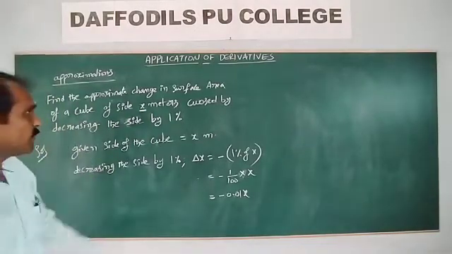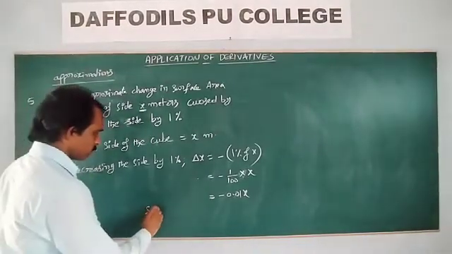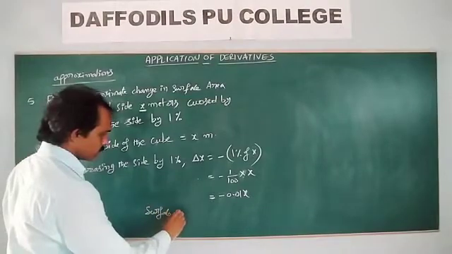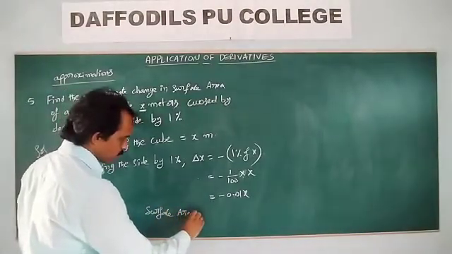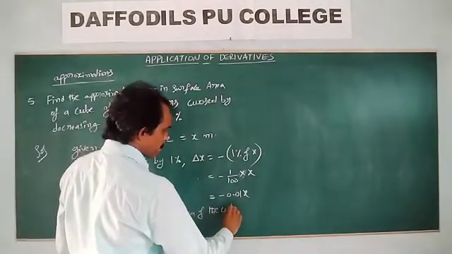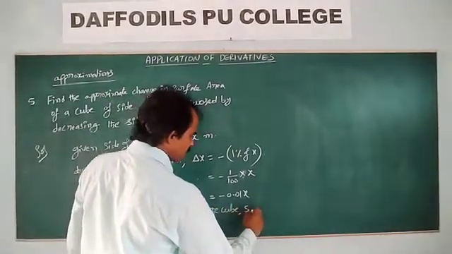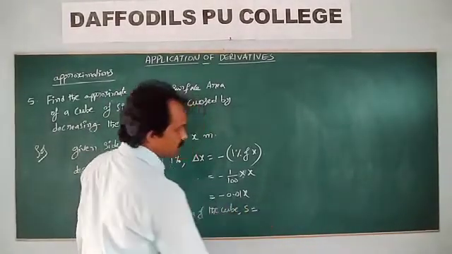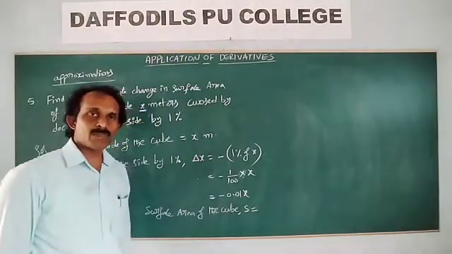Now, surface area of the cube. Let it be S. What is surface area? How many faces? 6 faces.